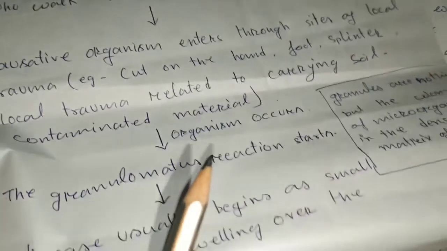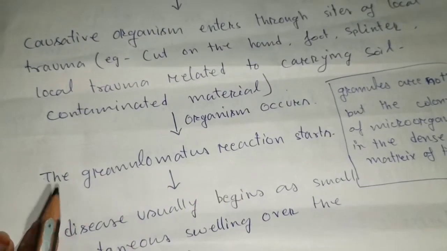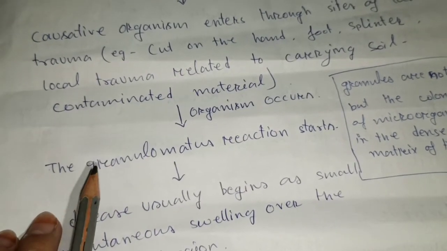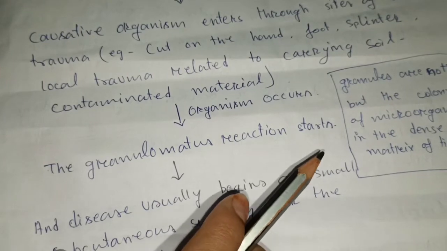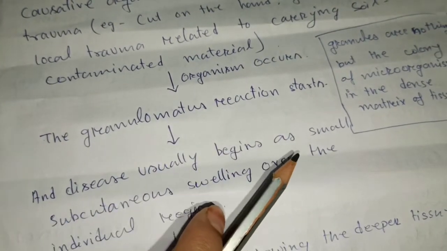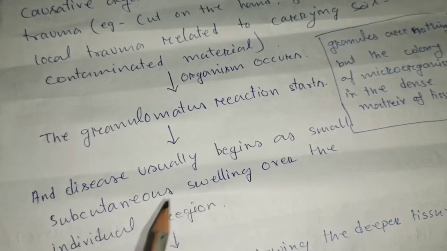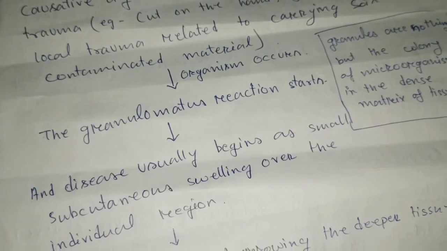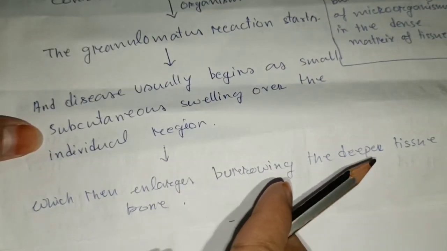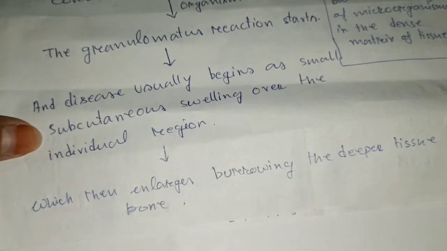Then the organisms enter our body, and a granulomatous reaction is started. The disease usually begins as a small subcutaneous swelling over the individual regions, which then enlarges, growing into the deeper tissue including the bones.